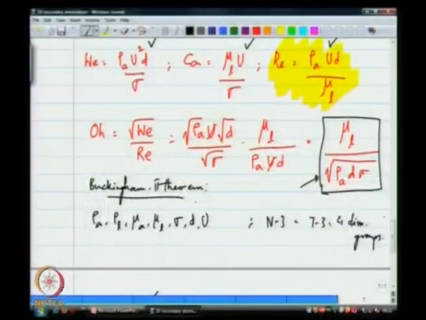These are all possible candidates for characterizing the behavior of drops in a gas field.